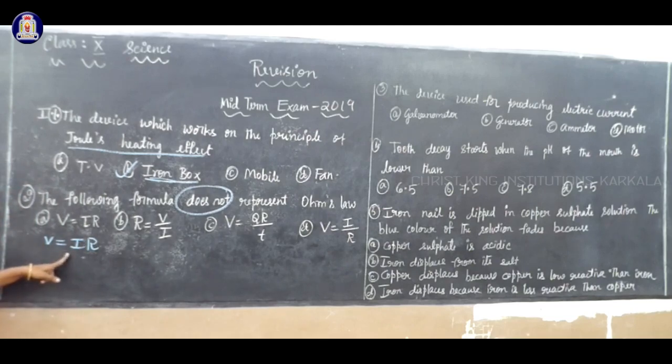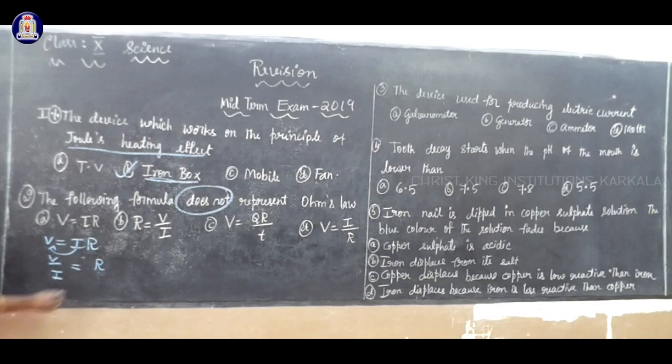Now I keep R on this side and bring I to the other side, it will be V divided by I. So R is equal to V by I. This is also an Ohm's law formula. Just by interchanging some of the letters, you will get the R formula. Resistance is equal to V divided by I.